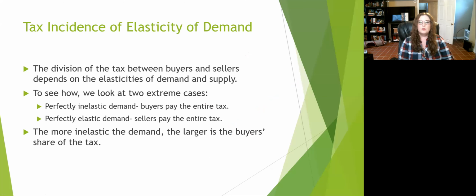All right, so tax incidence really depends on the elasticity that's associated with the demand or supply curve. So the division of the tax between buyers and sellers depends on the elasticities of demand and supply. If I'm really, really responsive to a price change, then they're not going to raise the price on me for a good, right?